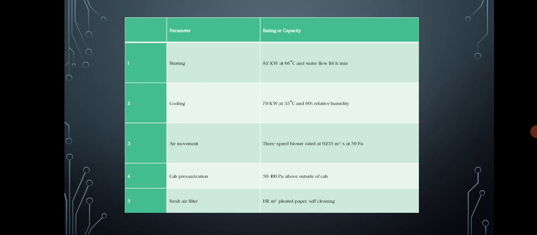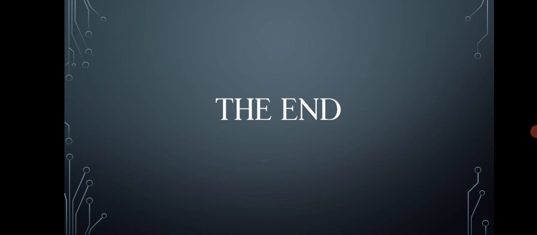Air movement: 3-speed blower rated at 0.235 cubic meter per second at 50 Pascal. Cab pressurization: 50 to 100 Pascal above outside of the cab. Air fresh filter: 1.92 square meter pleated paper, self cleaning. So these are some of the factors that are considered in designing a tractor.